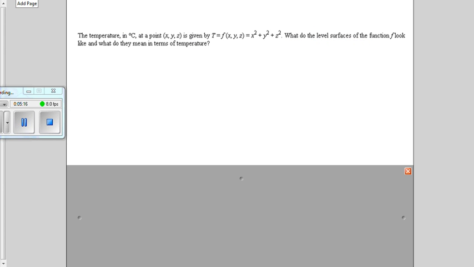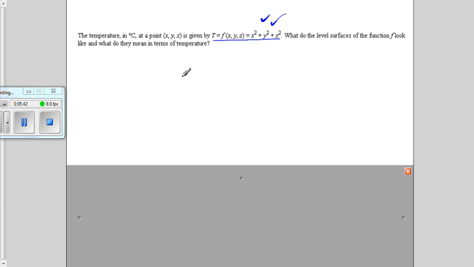So imagine this will look a little familiar to the problem that we just did, but the temperature depends on x, y, and z. So we've got four variables: x, y, z, and temperature. And it says, what do the level surfaces of the function look like? Well, we've already looked at this. X squared plus y squared plus z squared is going to create a bunch of spheres.